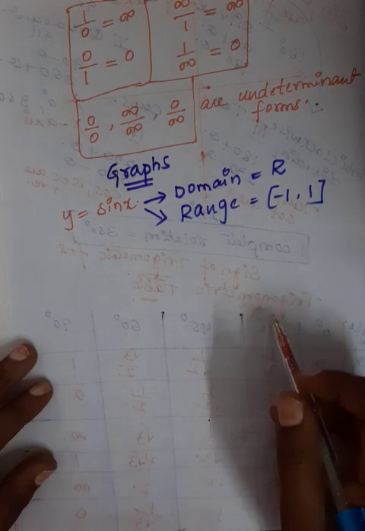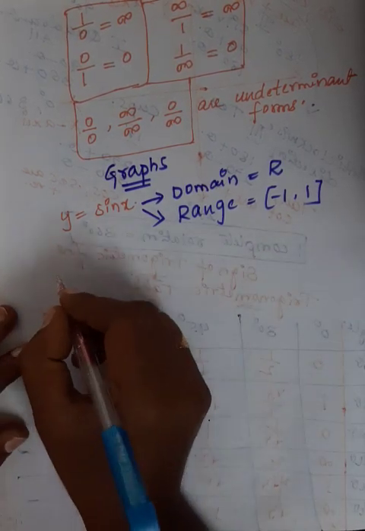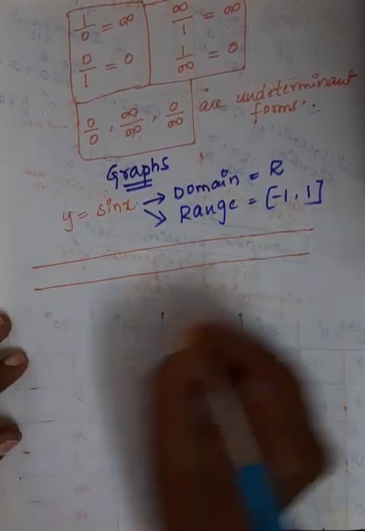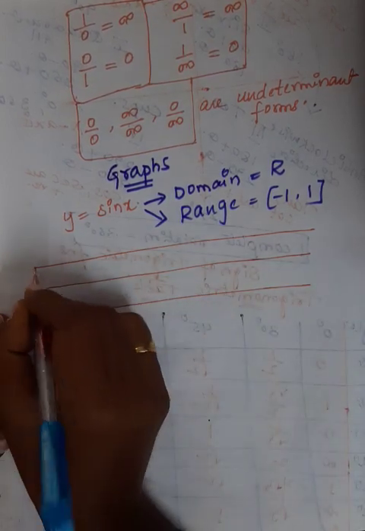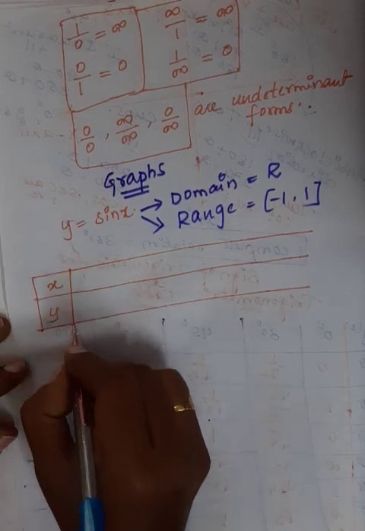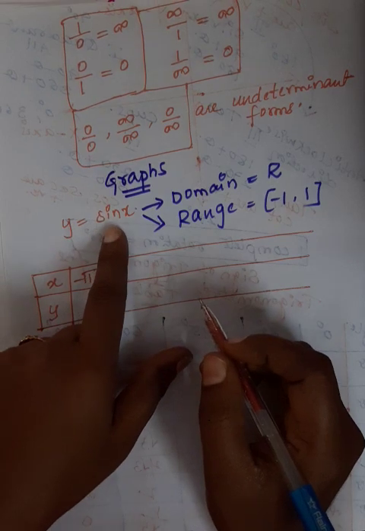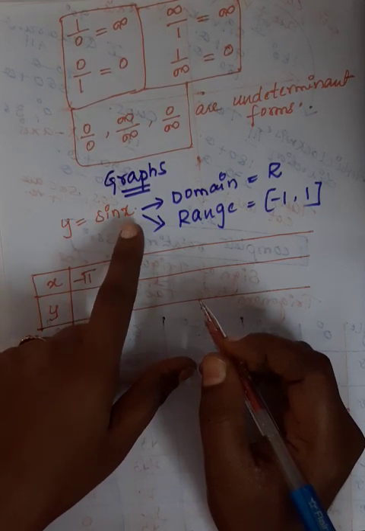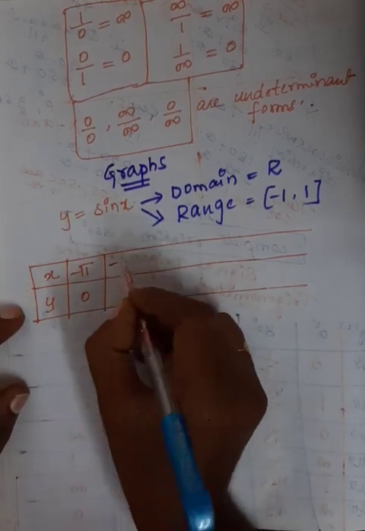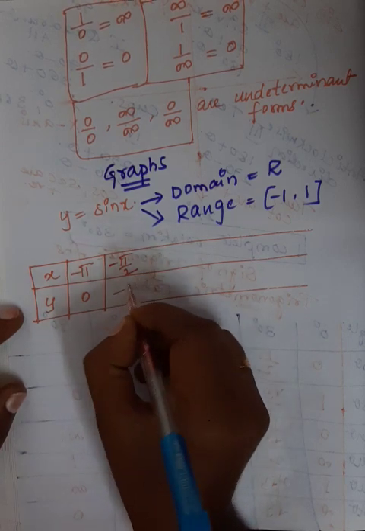Therefore, let us see the values of y is equal to sin x for some angles. X values, y values. For x is equal to -pi, sin of -pi is 0. If you put -pi by 2, then sin of -90 is -1.